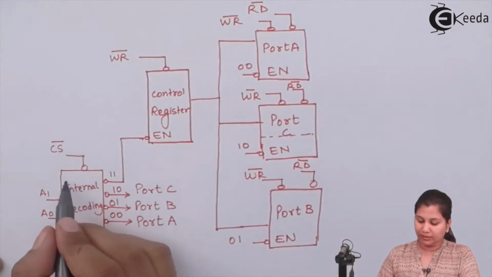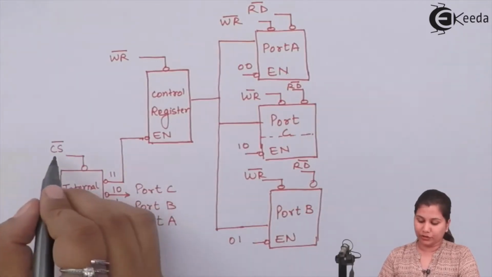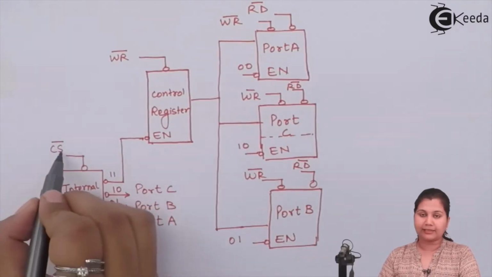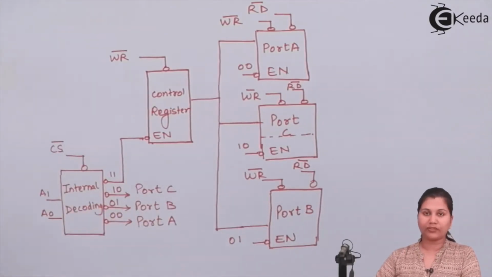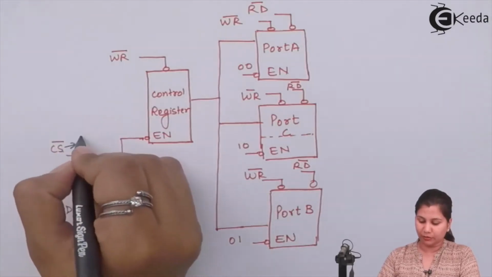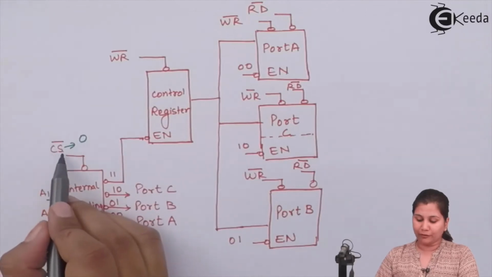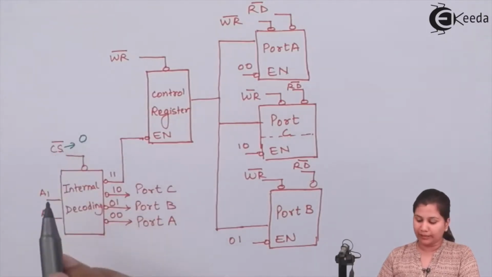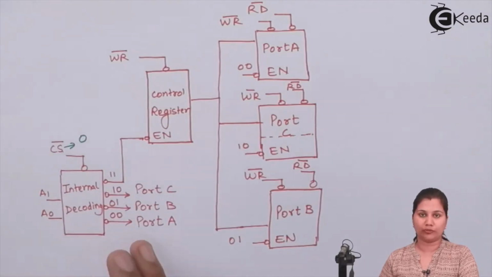Now, when this internal decoding block is selected, that is the chip select signal. This signal is provided by the microprocessor 8085, and it is an active low signal. So when the value of this signal is 0, it means this chip is selected, this chip is going to work, and all the functions will be performed.